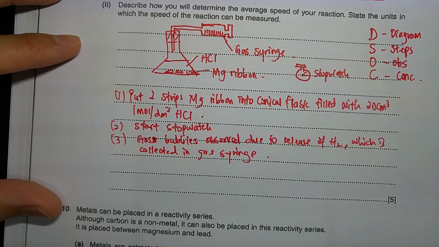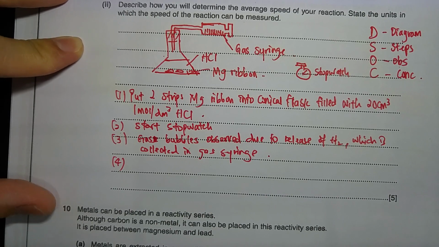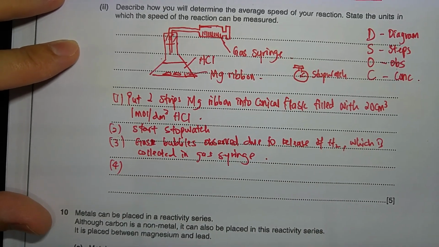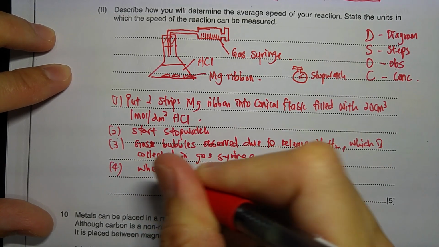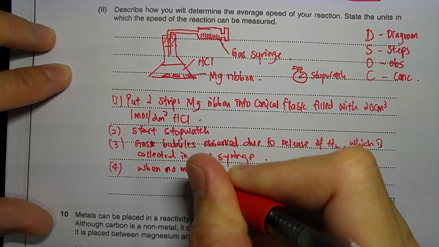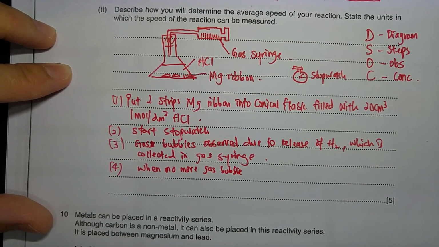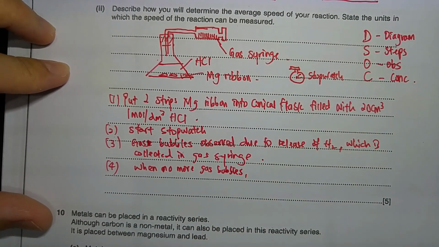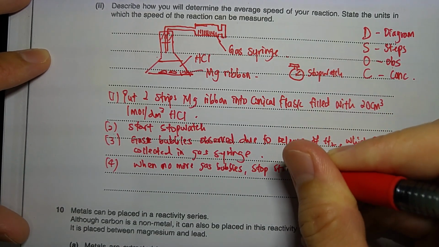Then after that you should wait for the experiment to stop. How do you know the experiment has already stopped? That means when no more gas bubbles are observed. I'm not going to write the full sentence. No more gas bubbles. Stop the stopwatch.